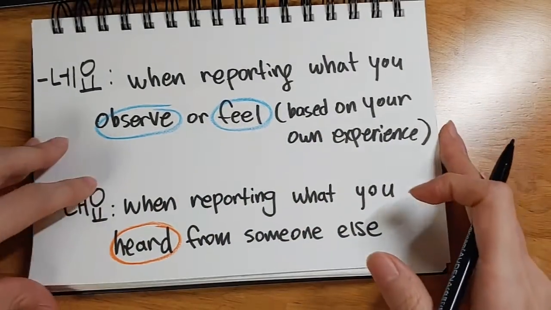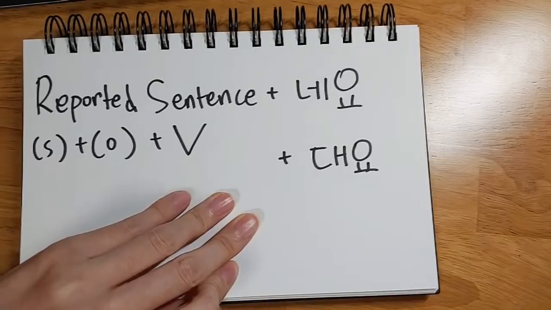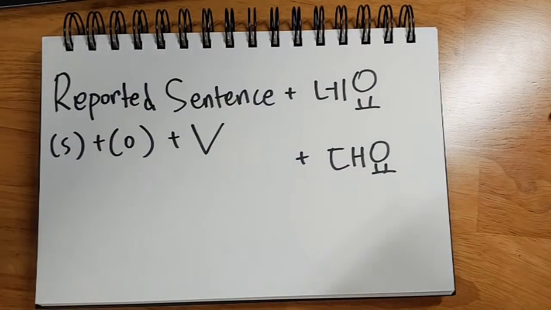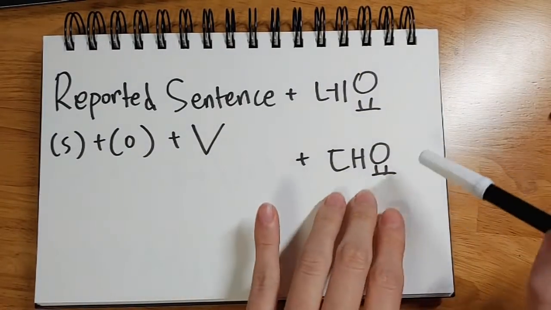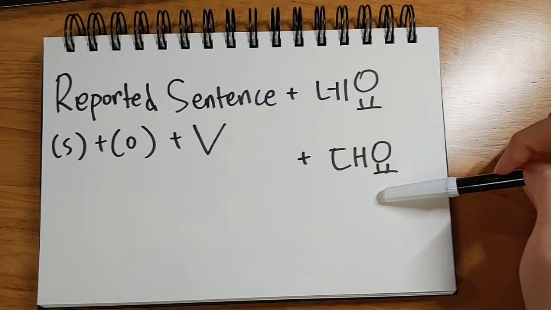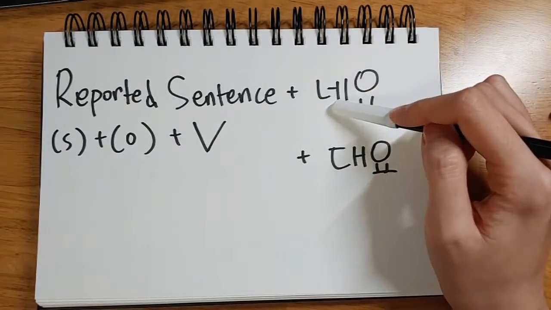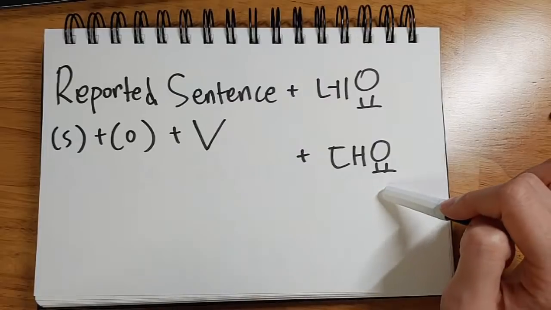So that's the difference. And one thing that you guys also should know is that the subject, in 네요 and 태요, it is implied that the subject is I, the speaker. So by using 네요, it means I feel or I observe, and by using 태요, it means I hear.